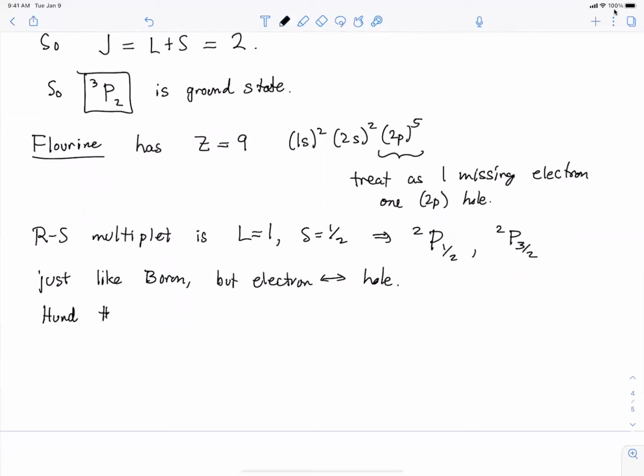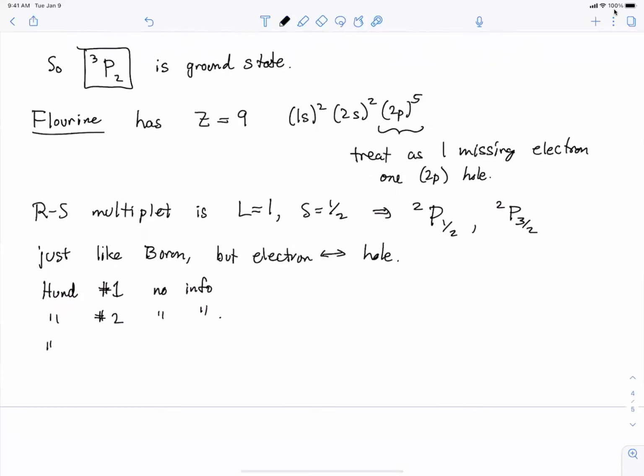Hund's rule number 1 gives us no information because they all have the same S. Hund's rule number 2 also gives us no information because they all have the same L, namely L equals 1. And Hund's rule number 3 says, aha, the shell is more than half filled.